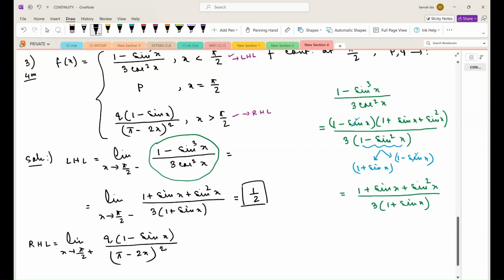So now it boils down to calculation of this limit. In this type of limit calculation, the best thing to do is, I'm doing it separately here.